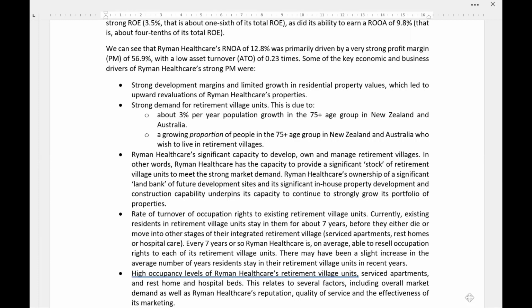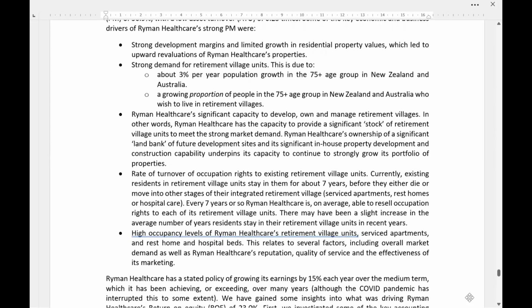Some of the key economic and business drivers of Ryman Healthcare's strong profit margin were strong development margins and limited growth in residential property values, which led to upward revaluations of Ryman Healthcare's properties. Strong demand for retirement village units. This is due to about 3% per year population growth in the 75 plus age group in New Zealand and Australia, and a growing proportion of people in the 75 plus age group in New Zealand, Australia, who wish to live in retirement villages.